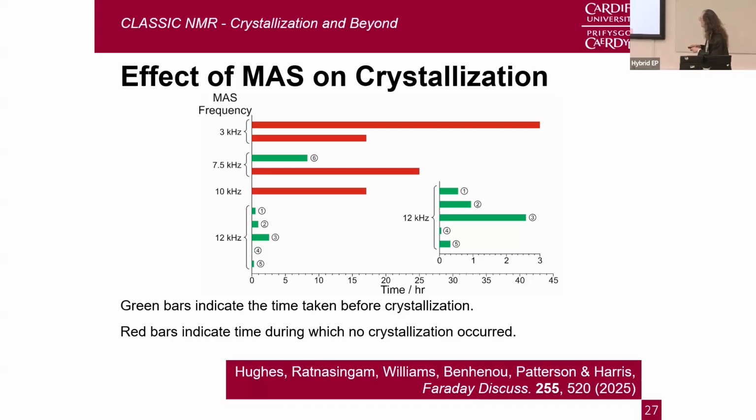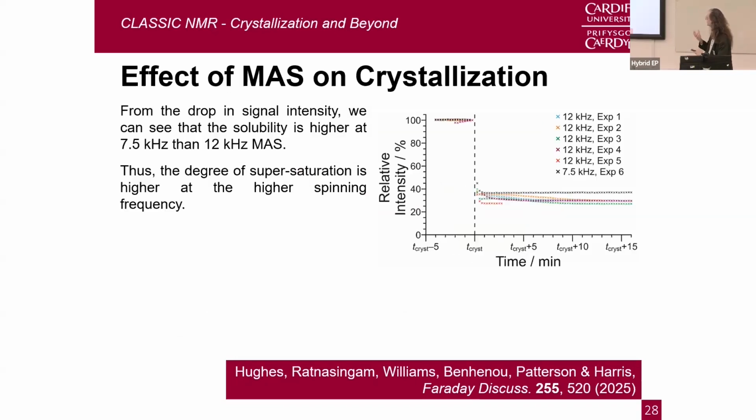So how can we rationalize this? Well, we can look at how much of the sample goes into the crystals by looking at the intensity of the signal in the liquid state. Remember, we're only measuring the liquid state, not the solid state.